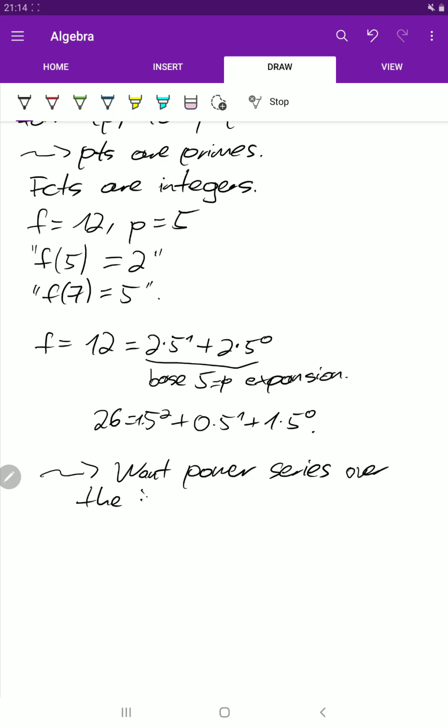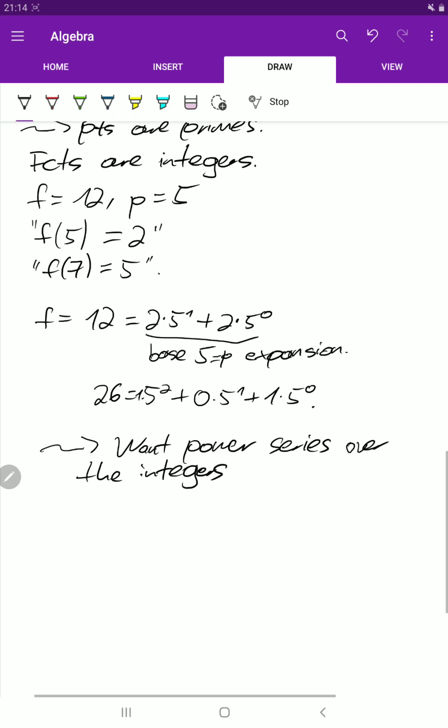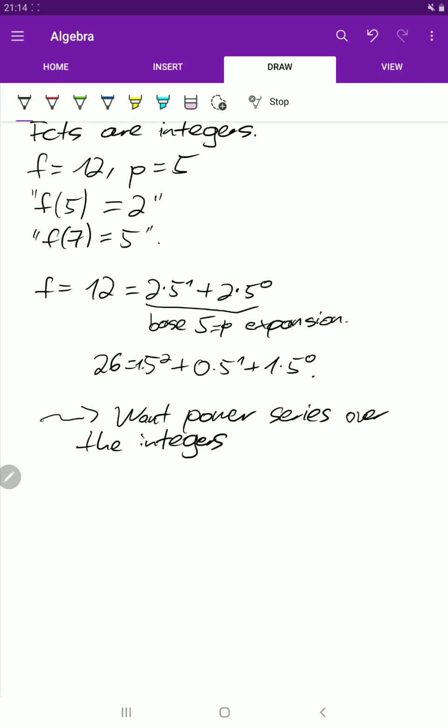Just informally, without worrying about convergence or anything, we want to have a sum, let's say from 0 to infinity, of a_i p to the i, with a_i in 0 up to p minus 1. So that's our power series.